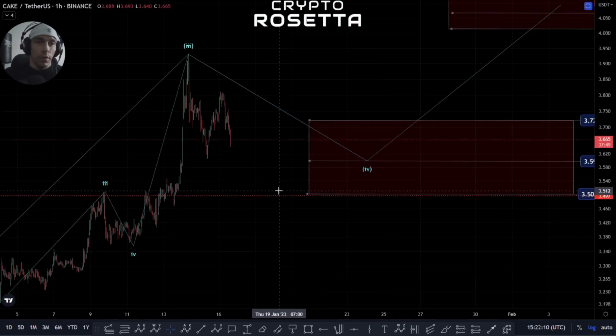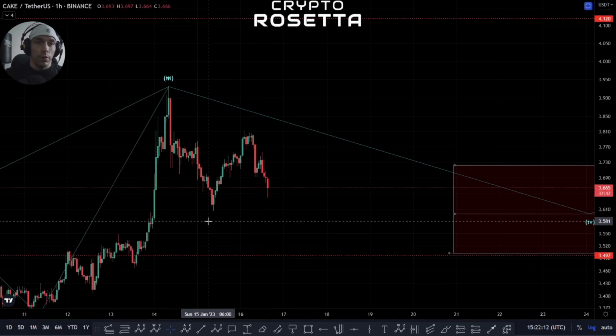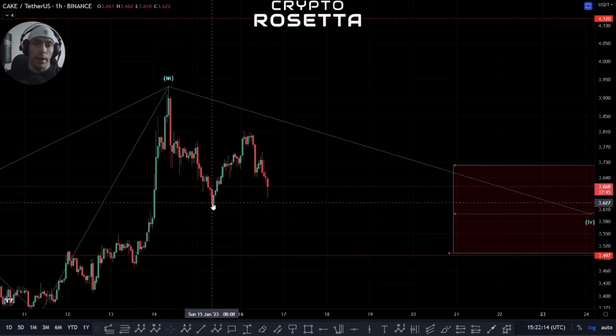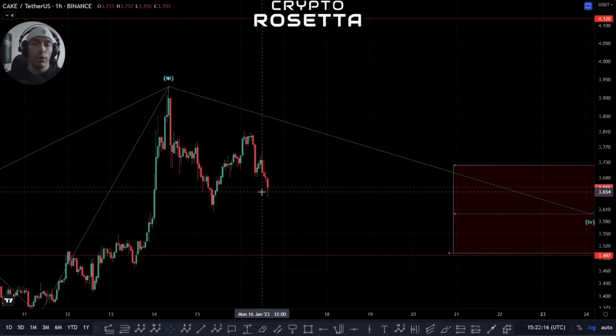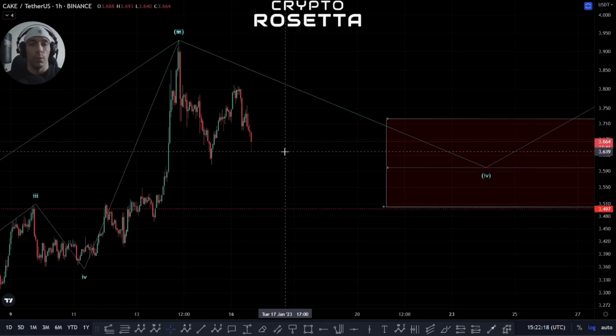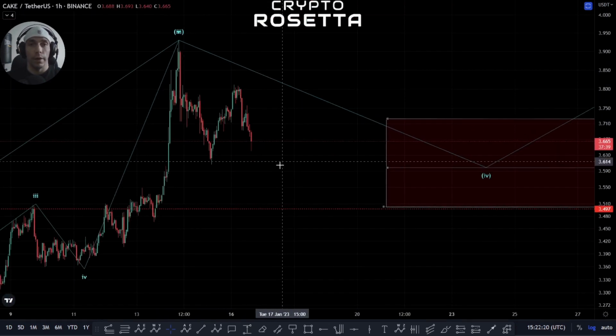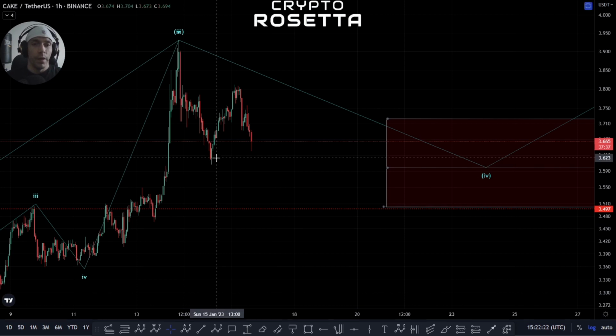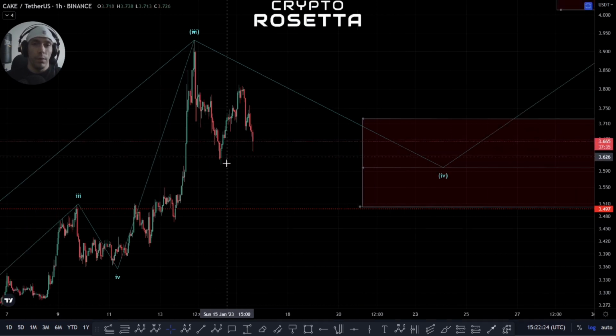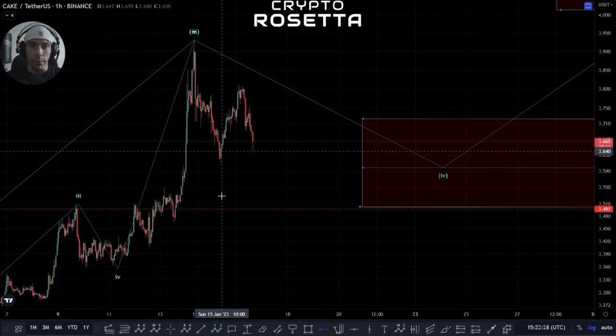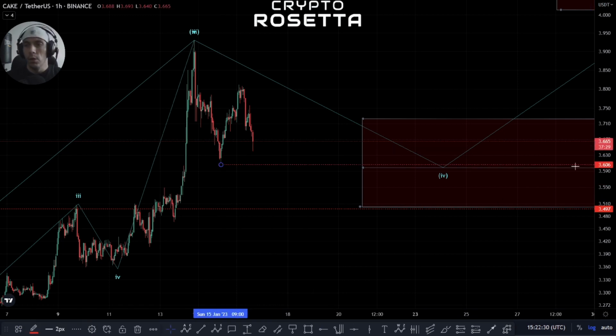So within this current structure to the downside, it is quite overlapping, and we can argue that we have potential for a triangle within this, but it would be solely based on holding this low point here, this low point at $3.60.